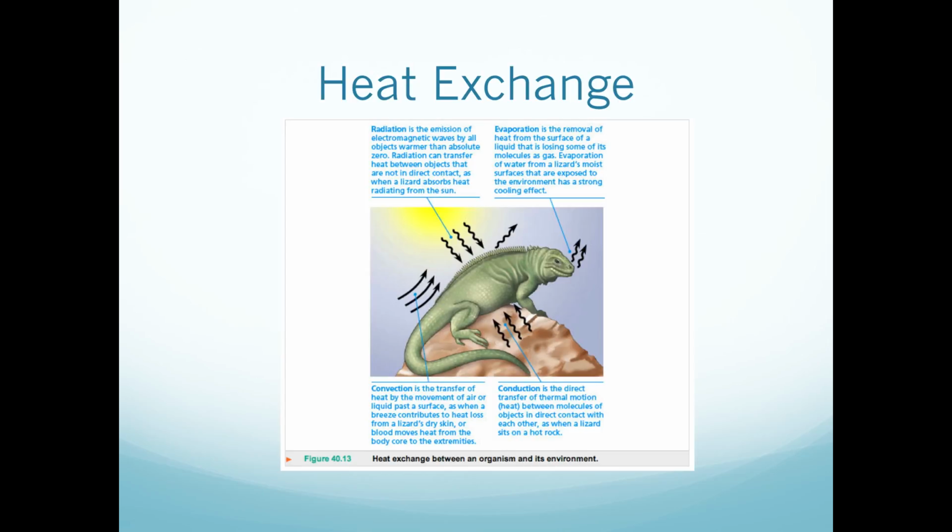Convection: we've got the transfer of heat past the surface. That would be going back to our original talks about water with evaporative cooling. And then conduction: you can absorb heat from your surroundings. A lot of lizards will lay on rocks and absorb heat from the rocks and surfaces so their metabolic functions work better.